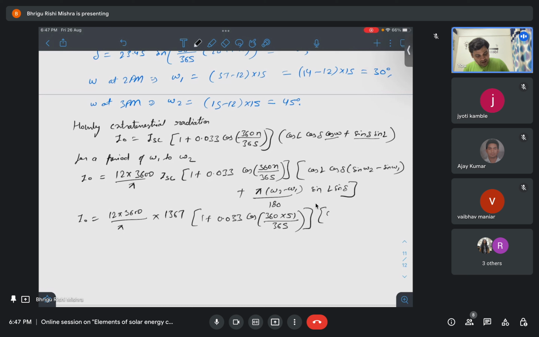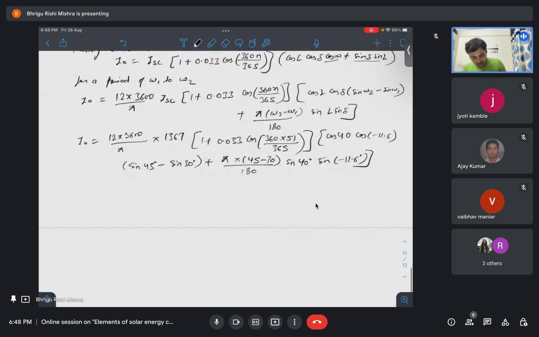Here cos L is given, that is cos 40 degree, delta is minus 11.6, sin 45 minus sin 30 degree plus pi into 45 minus 30 by 180 sin 40 degree sin minus 11.6 degree.